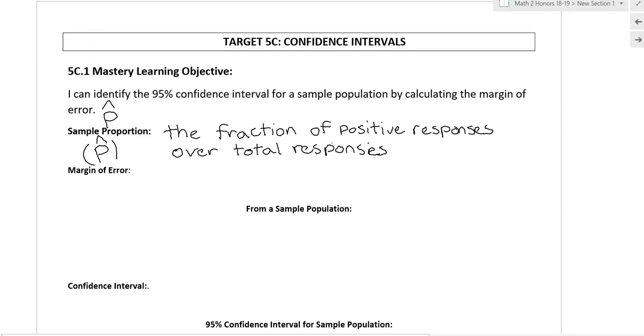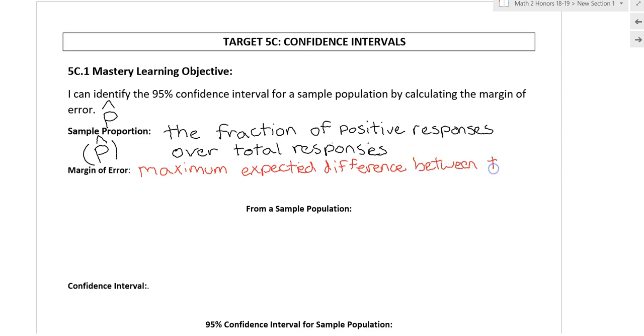And the margin of error is the maximum expected difference between the true population parameter and the sample statistic.